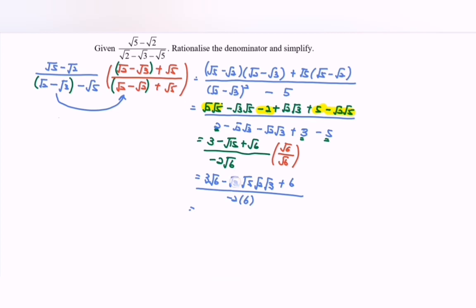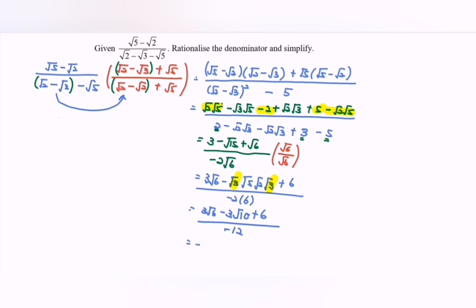So notice that here we will have the 3. Then we have 3 multiplied with the square root of 6 and then negative 3 square root of 10 plus the 6 over negative 12.